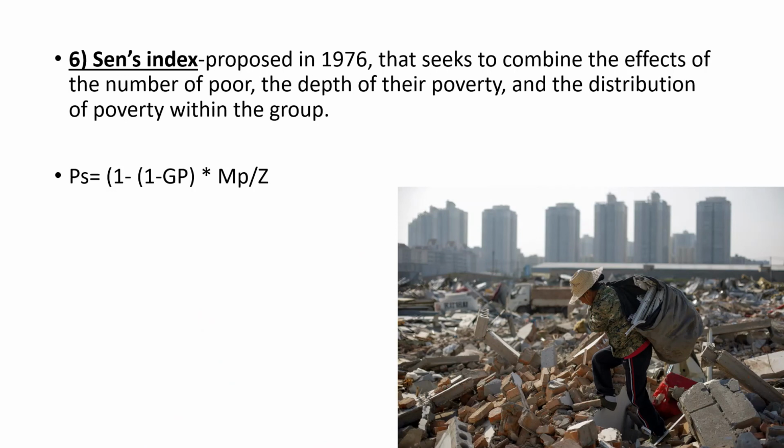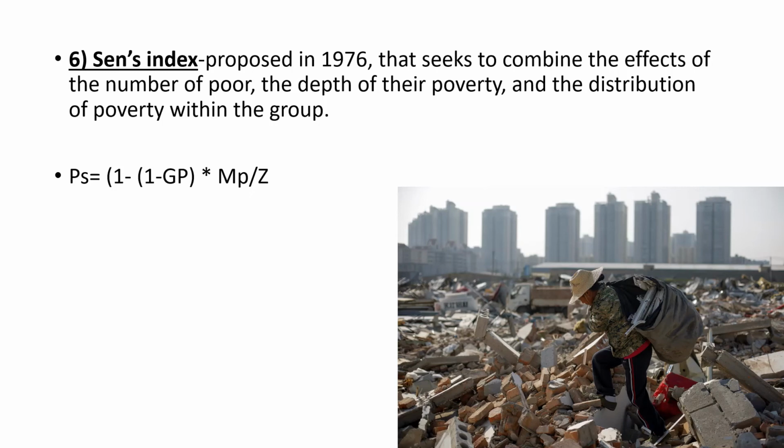The sixth method is Sen's method, which was proposed by the Nobel laureate Dr. Amartya Sen in 1976. It was proposed to combine the effects of the number of poor, the depth of their poverty, and the distribution of poverty within the group.